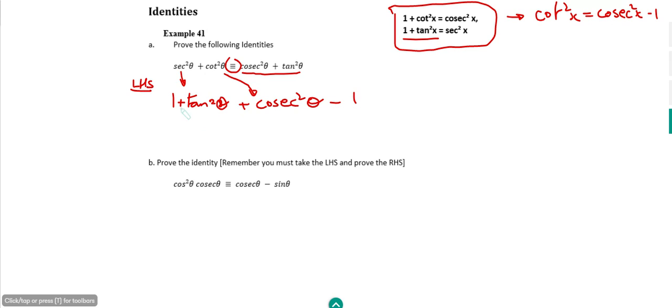And we can see that the 1's cancel. So we're just left with tan squared theta plus cosec squared theta, which is obviously just written in a different order, but it's the same as the right-hand side. So we've done it, shown that first one.